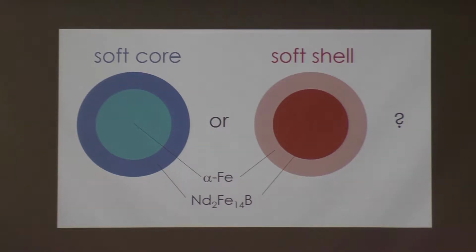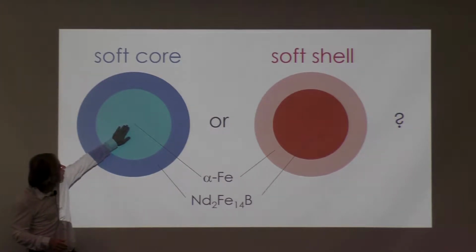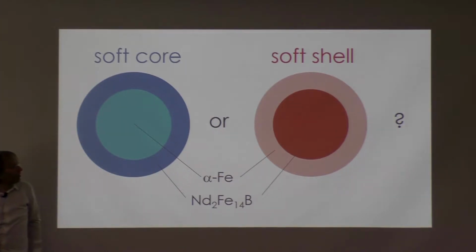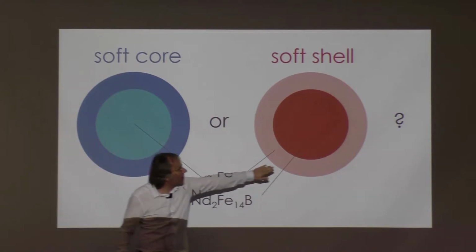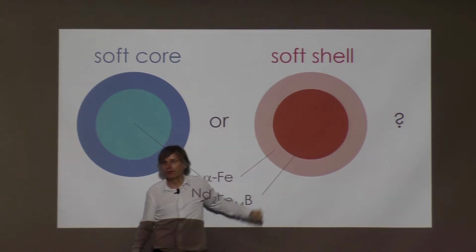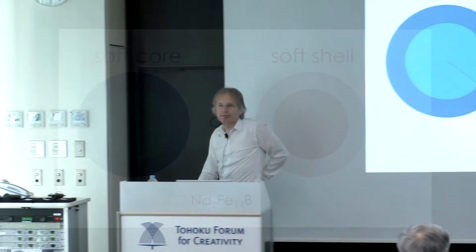The question is, which of the two possible designs would give you the better properties? Either we have a soft magnetic core and a hard magnetic shell, or we have a soft magnetic shell and a hard magnetic core. And the answer to this question is, it depends on the volume fraction of the soft magnetic phase.